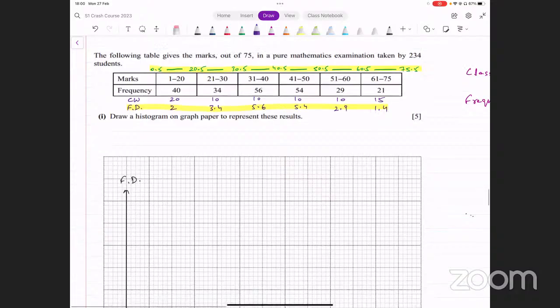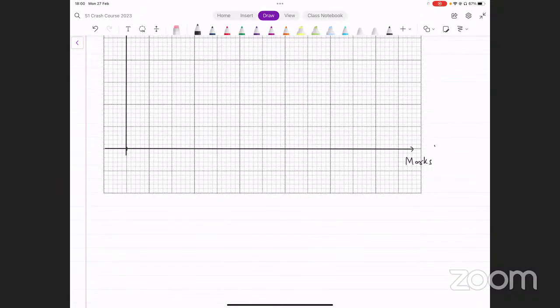So rather than having 0 here, a better idea would be to not start from 0 on the horizontal axis, and instead have a break like this, and then start from 0.5, and then you have 20.5 and so on.